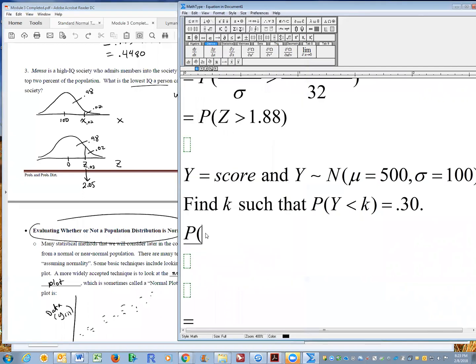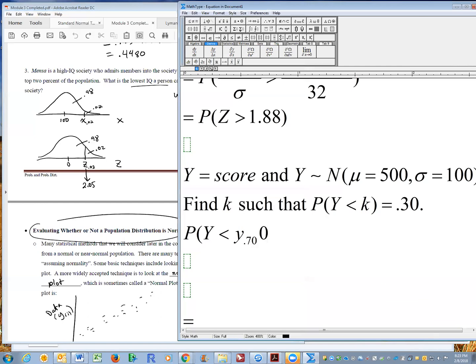For this WebAssign problem, this value k, we could give a similar notation. We would use lowercase y, and the subscript would be the right area, the area under the curve to the right. Going back to this picture, that area to the right is 0.7, so I would have y sub 0.70.